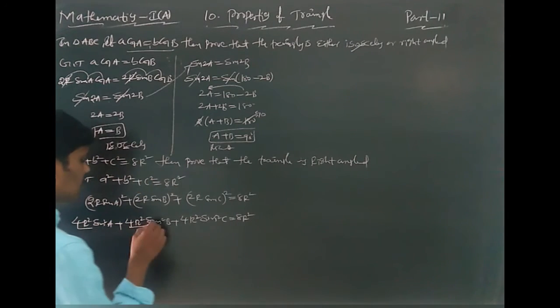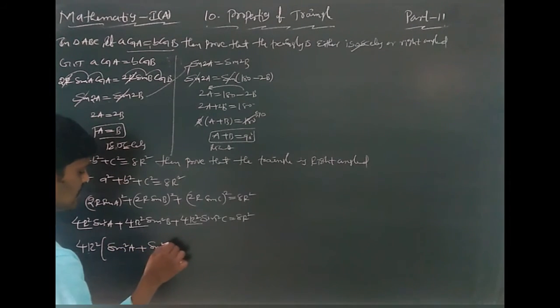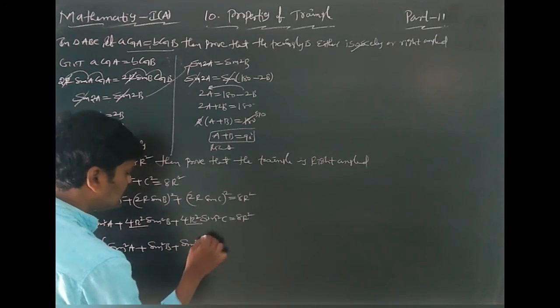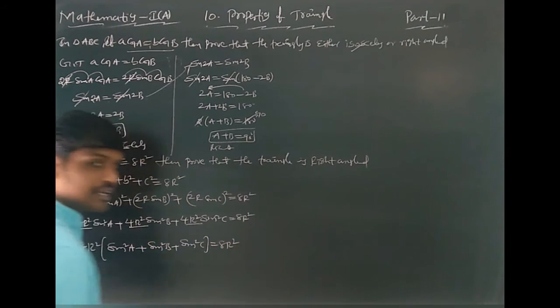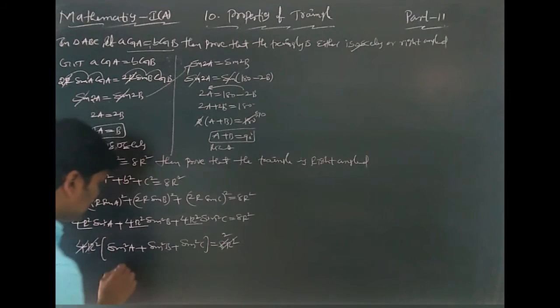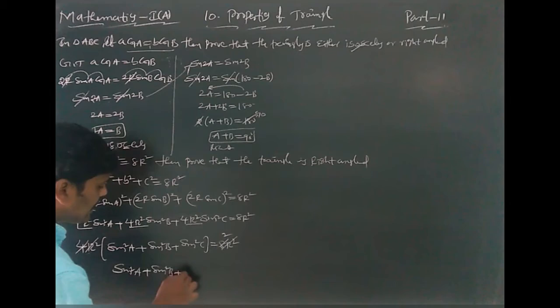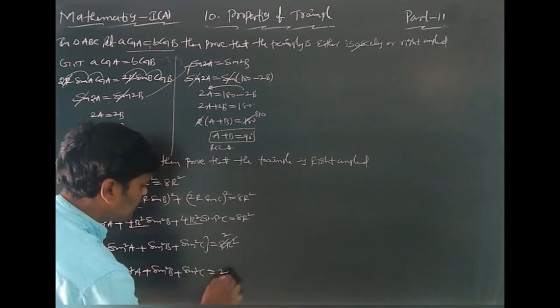Here 4R square is common: 4R square (sin square A plus sin square B plus sin square C) is equal to 8R square. Here R square gets cancelled, 4 ones are 4, 4 twos are 8, so the remaining is sin square A plus sin square B plus sin square C equal to 2.